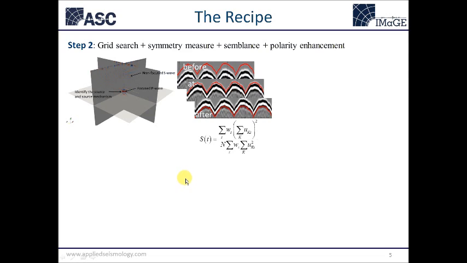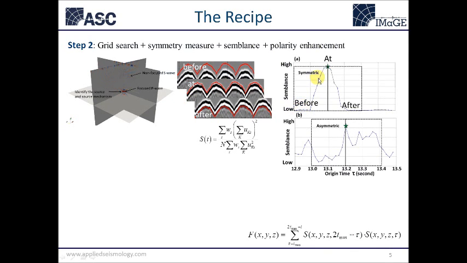At a location that is not the true source location, you hardly see any symmetry, so the measurement is low. This is just the equation describing what I just said, and this is how we get a function that is independent of the origin time. And then the grid point that maximizes this function is considered the location of a possible event.